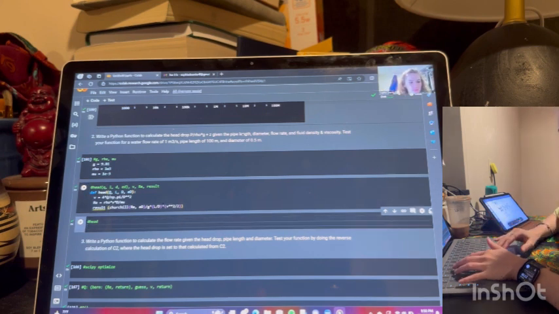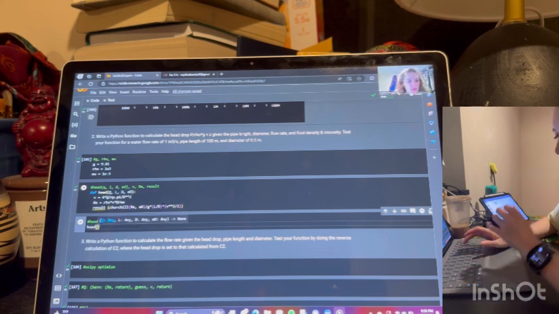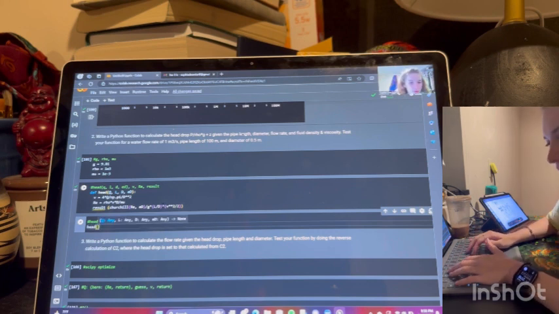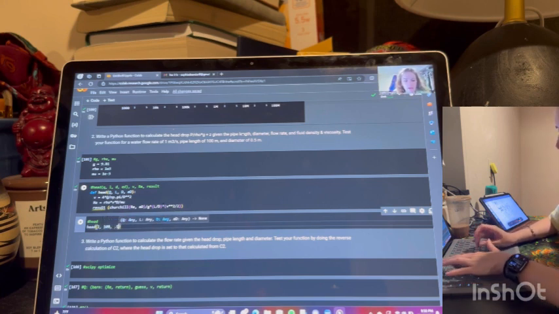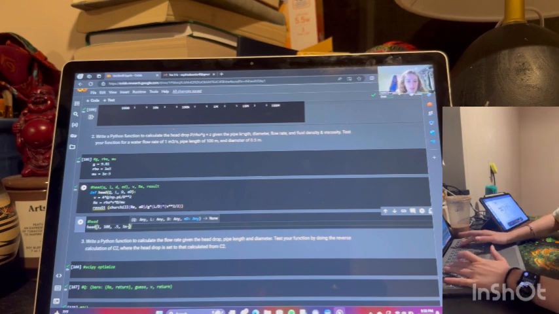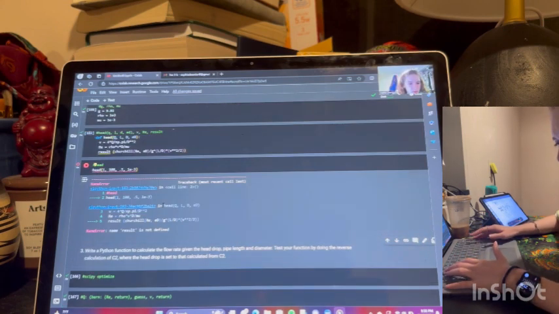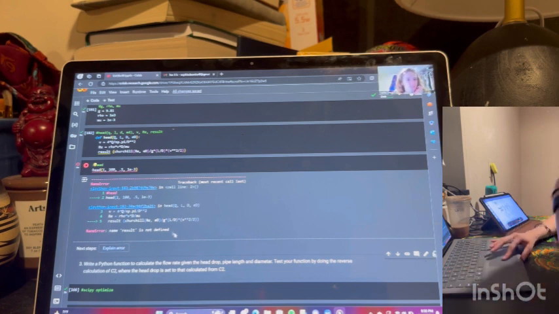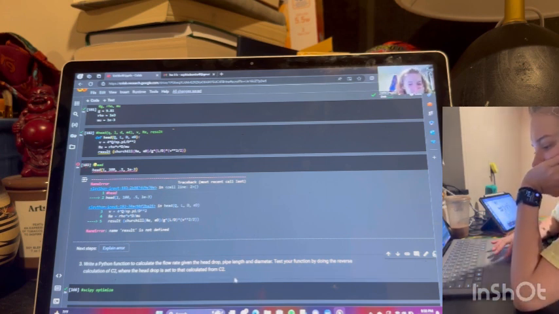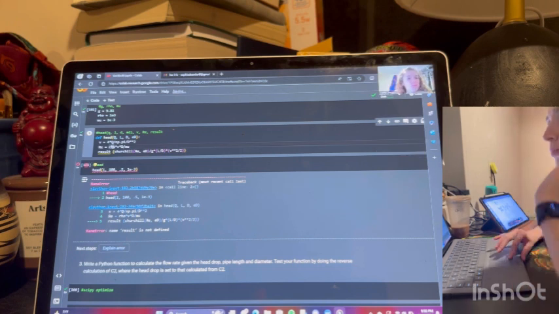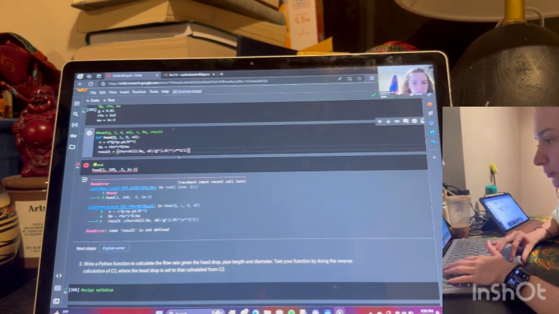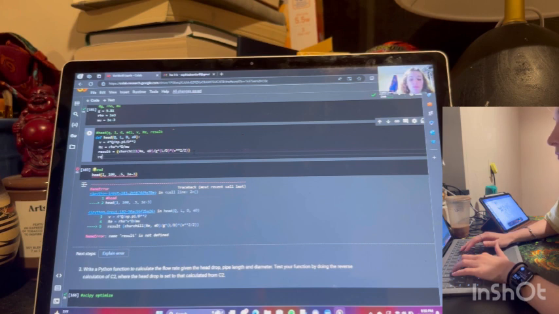Okay. And then we're going to plug in our variables, using 100, 0.5, and then our ED as 1e to the negative third. Return result.